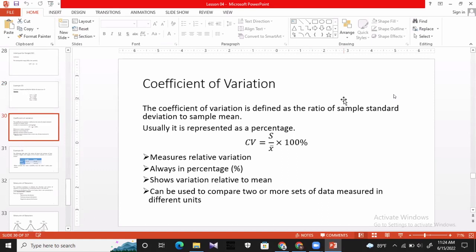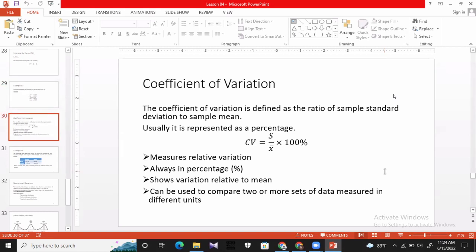So this is a special and important topic, that is coefficient of variation. If you can remember, I told you if we have 2 data sets and we want to compare those 2 data sets, how are we going to compare them?